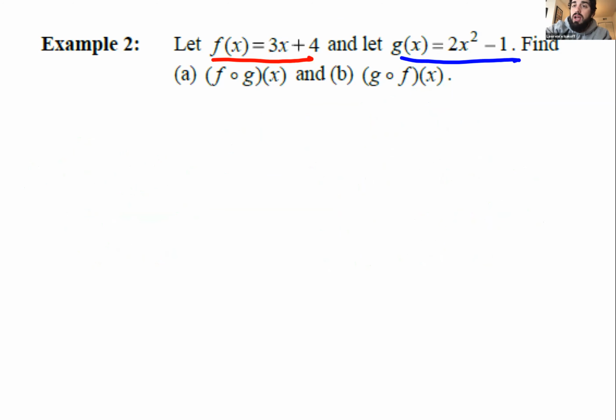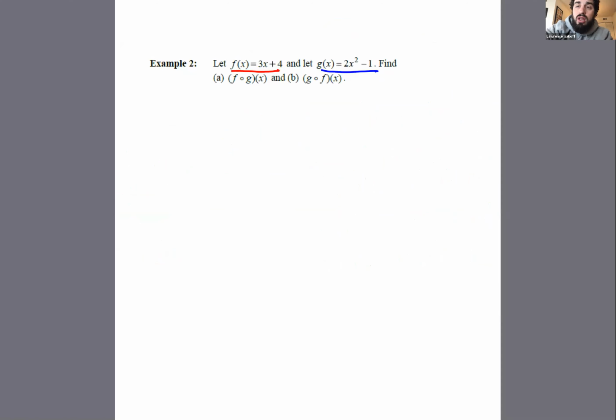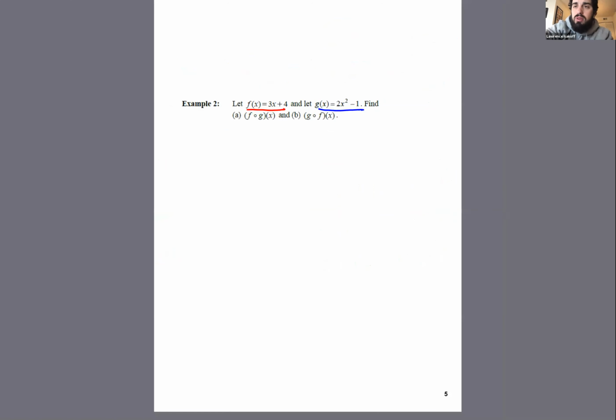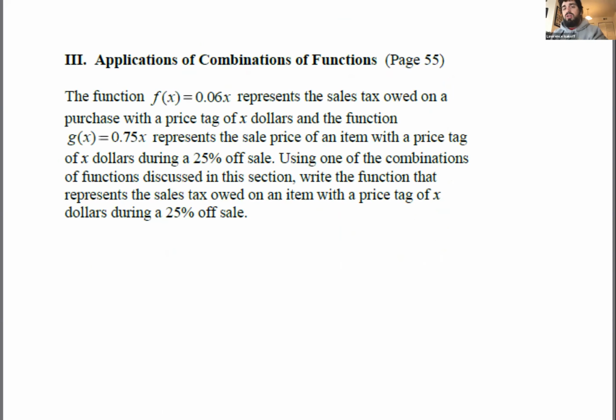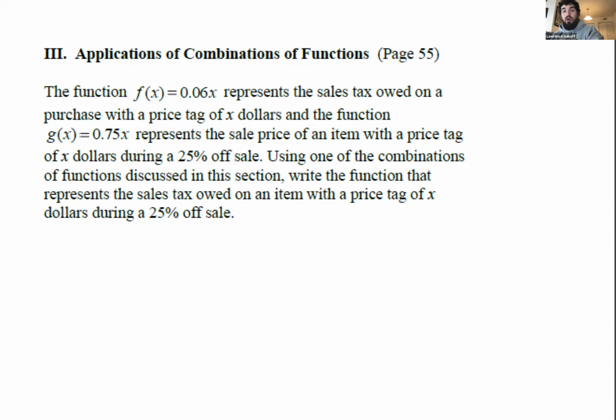So let's clear that and take a look at, I believe this should be our last example. Yep. Last example here is a word problem involving this.